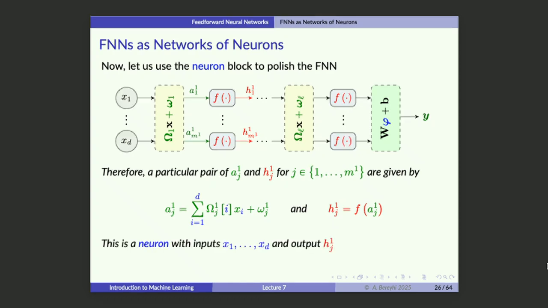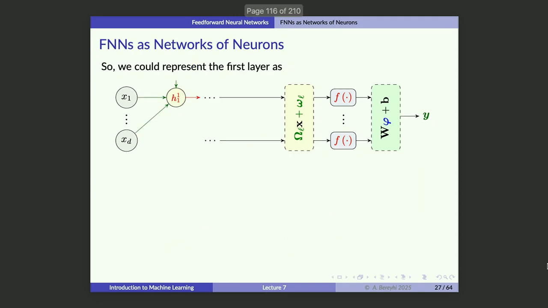So essentially, every single entry after activation is the output of one neuron. I can say that the first guy after activation is just the output of a neuron, so I can remove that guy and put one neuron here. The second neuron is computing the second output, and so on till the last one, right?